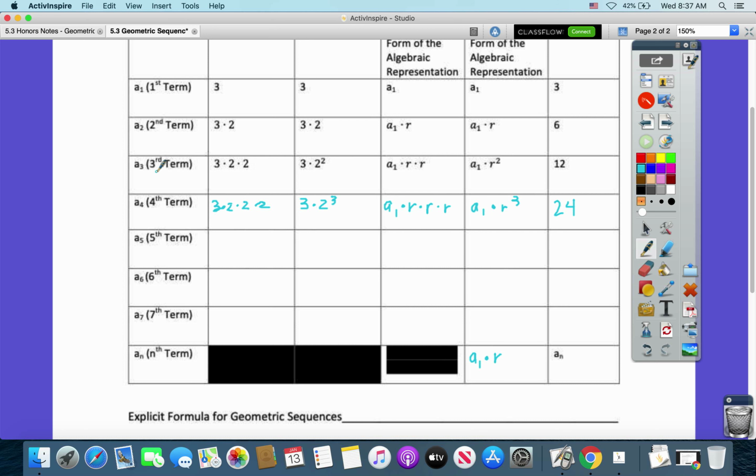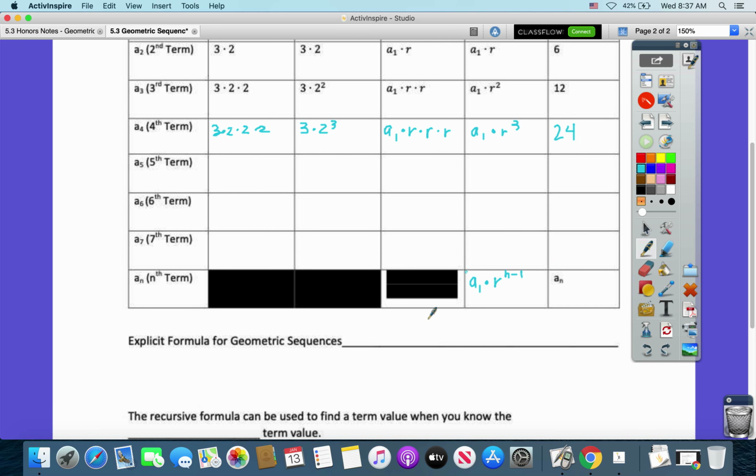To get the third term, it was 2 times. To get the second term, it was only 1 time. So it is always 1 less than the term number. So now this time, the n minus 1 is our exponent. So we are always multiplying by r n minus 1 times. So that is our exponent.